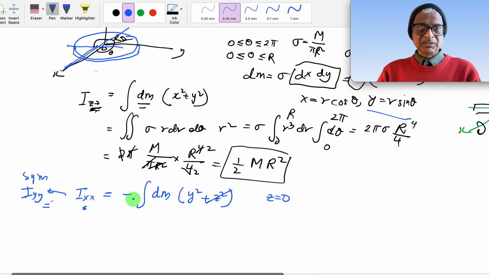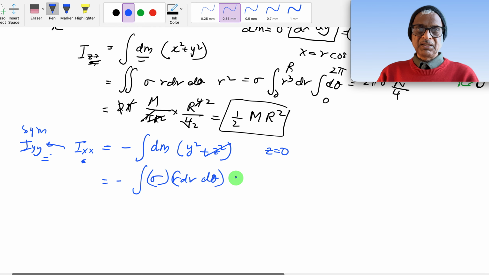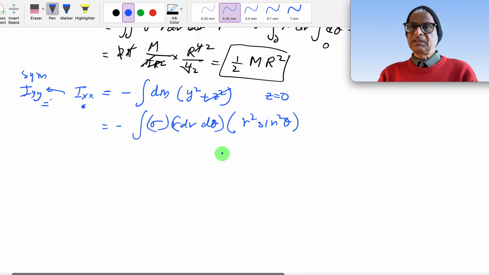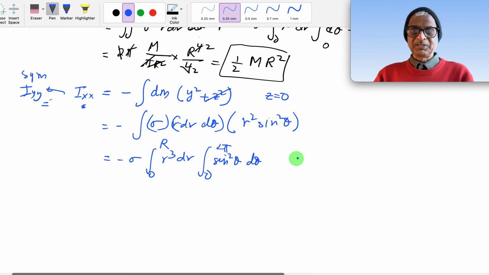So the integration is going to be dm as sigma r dr d theta, that's the element, and this is the density, and y square is going to be r square sine square theta. So again, the integration really separates out very nicely. Sigma comes out, with r goes r cube dr from 0 to r, and sine square theta d theta from 0 to 2 pi. No dependent integrals, very easy to do.